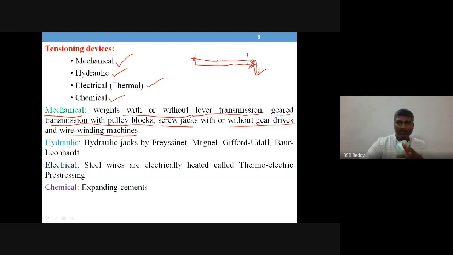That will pull the tendon. This is one such technique. So either pulley blocks, or weights with or without lever transmissions, or screw jacks.